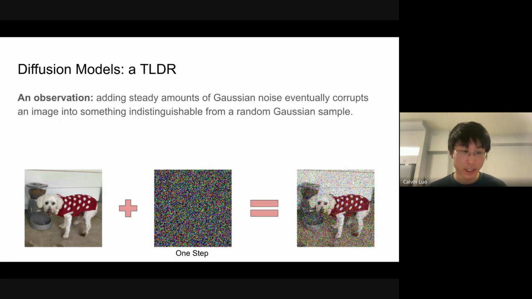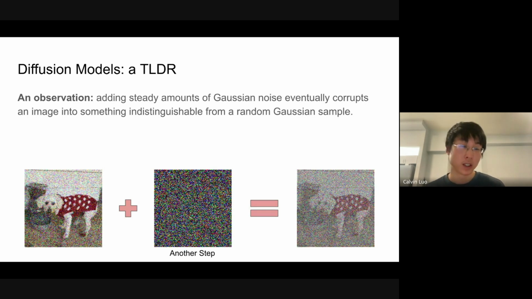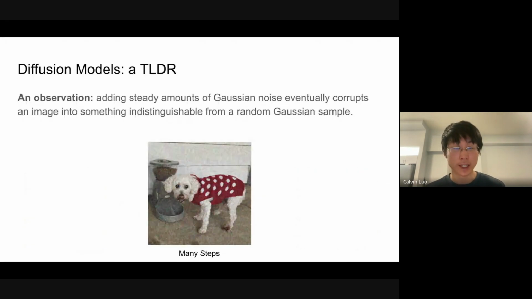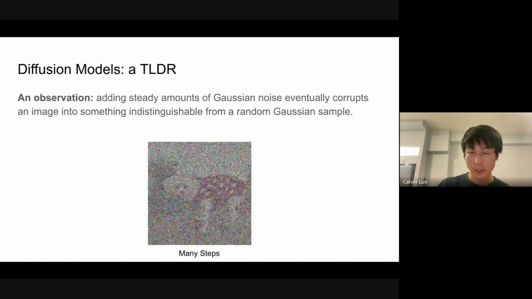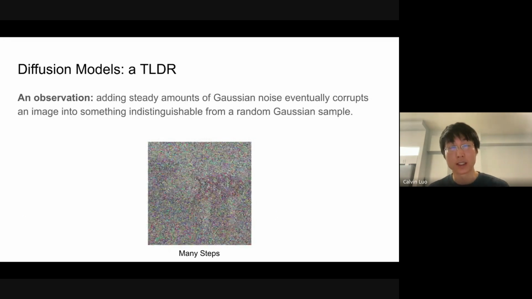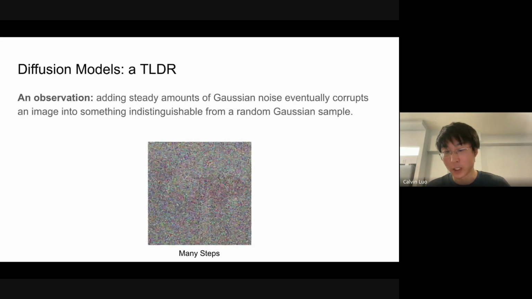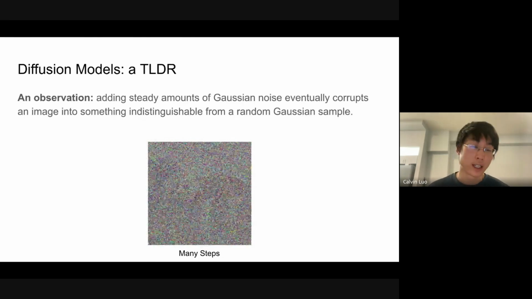Visually, we show a clean image, we add one sample of Gaussian vector, and we get a corrupted one. Now we take the one we just corrupted, add another step of Gaussian corruption, and it becomes even more noisy. Over many steps, if we do this in a steady procedure, it takes a clean image and turns it into something indistinguishable from a random Gaussian sample. We've corrupted all the structure in the image.